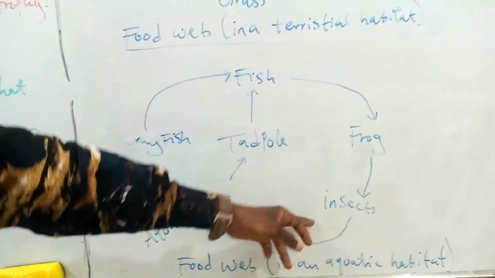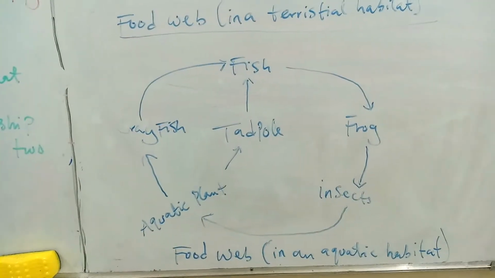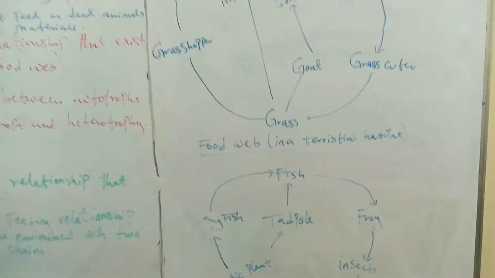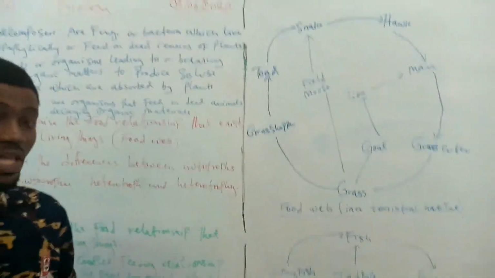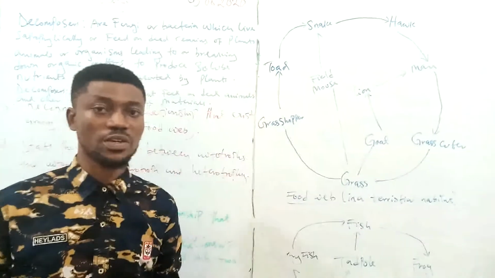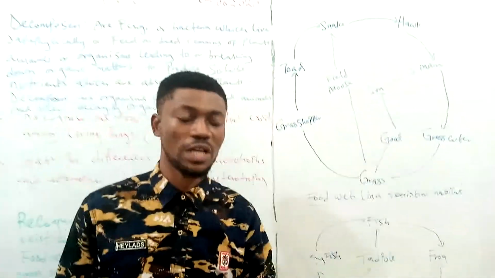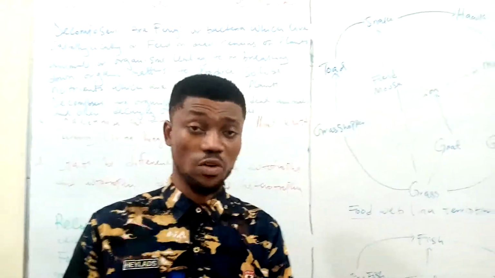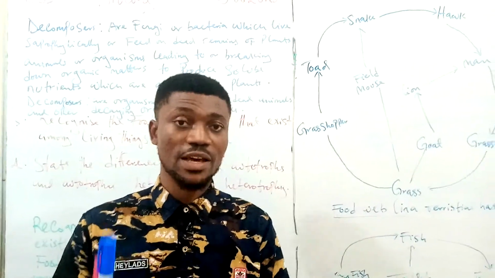A frog can also feed on an insect. So this describes the relationship that exists among living things. Don't forget, when we talk about living things, we can say the relationship that exists among organisms, and if we mention organisms, we're talking about plants and animals.